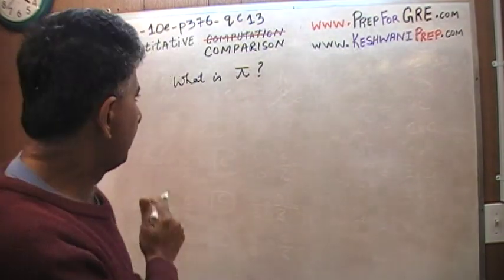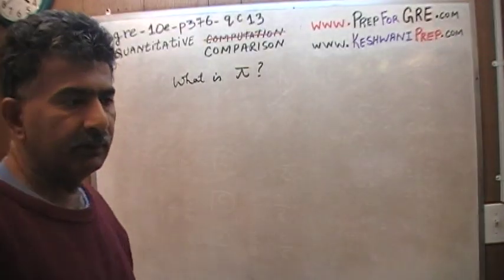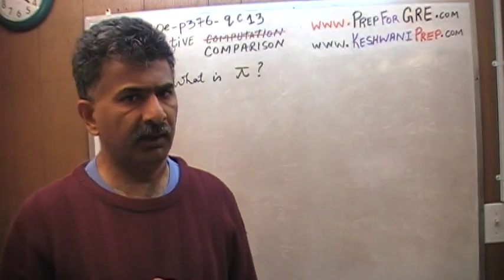What is pi? Pi is a naturally occurring phenomenon.